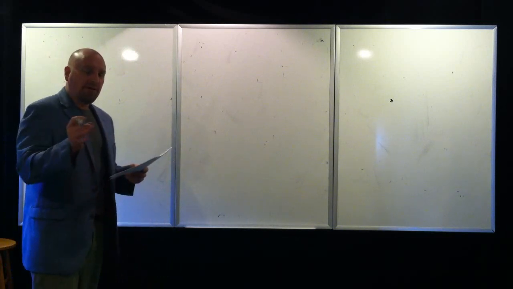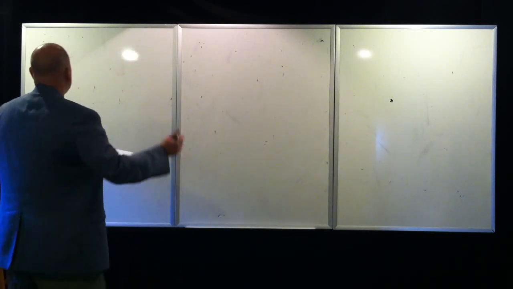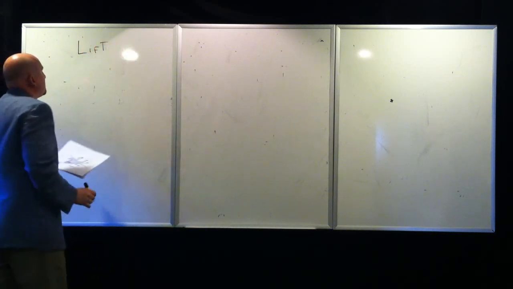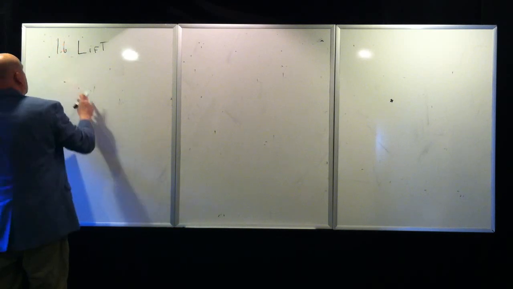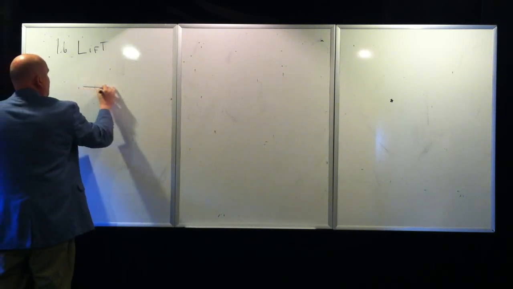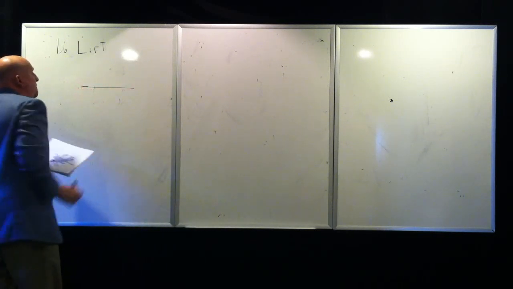So in your notes there's a better picture of an airplane, but let's just, for formality's sake, talk about lift. So lecture 1.6. If we have a plane, I'm just going to represent it as a line. But this is going to be our plane.